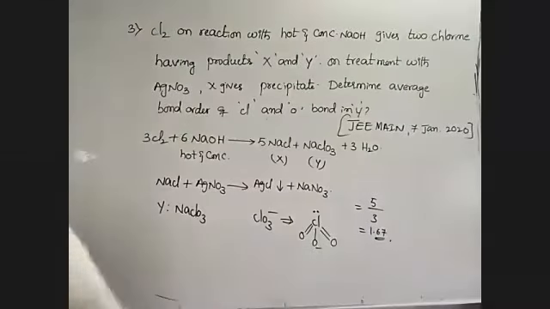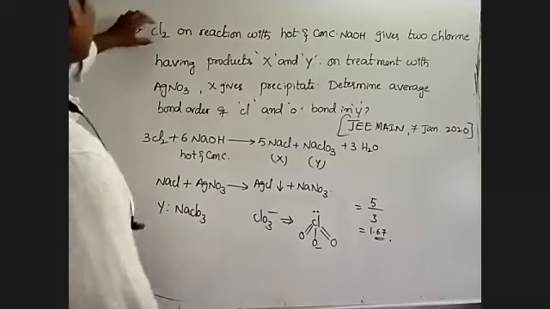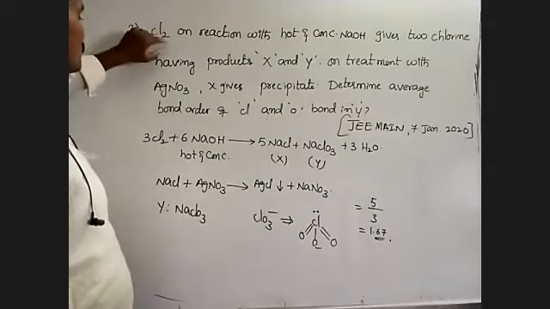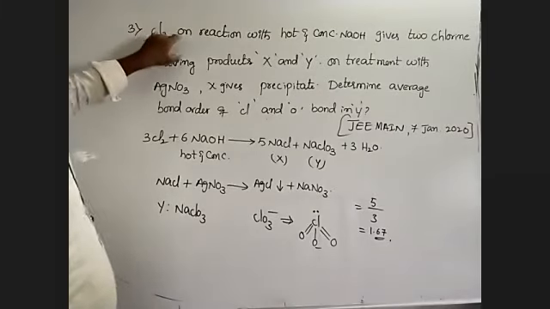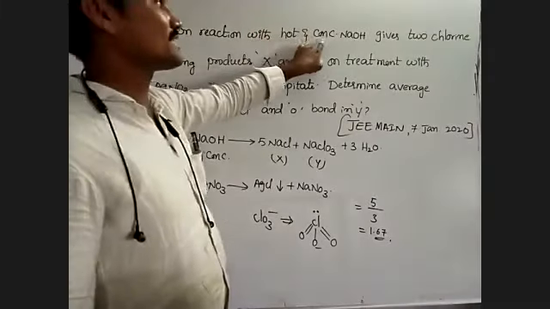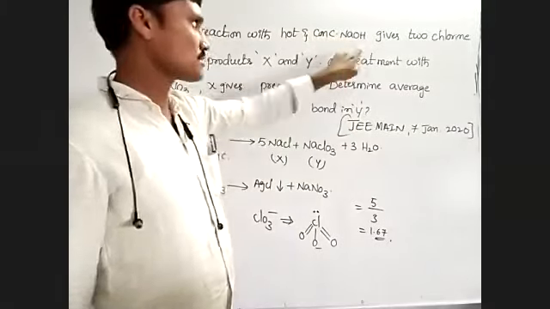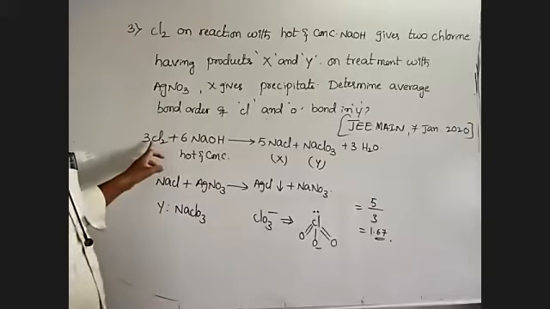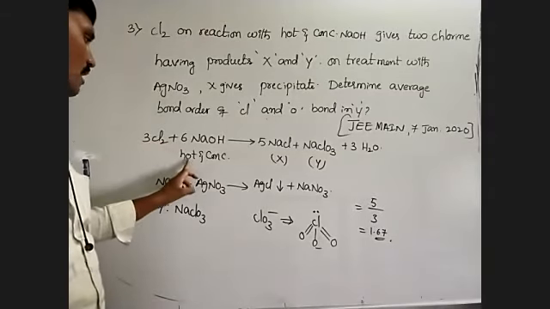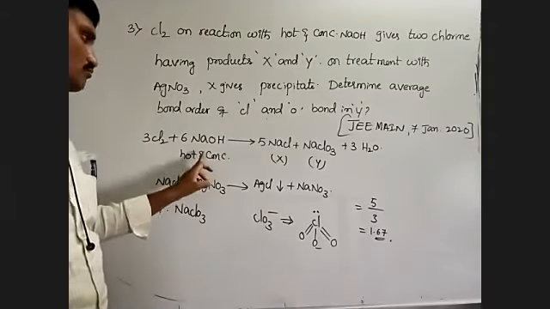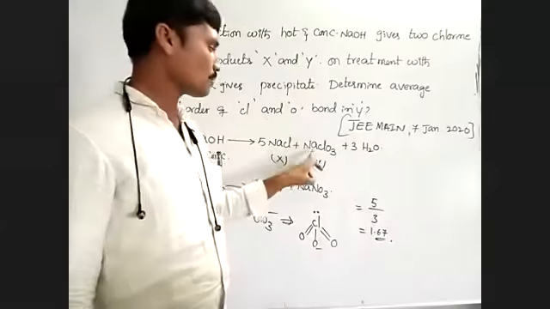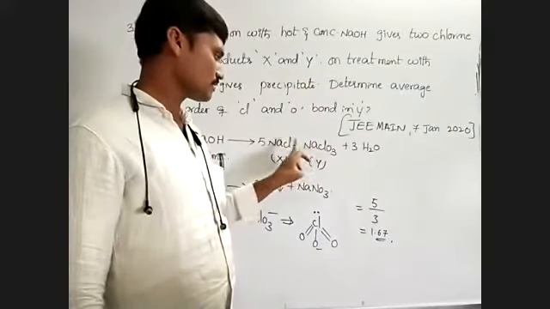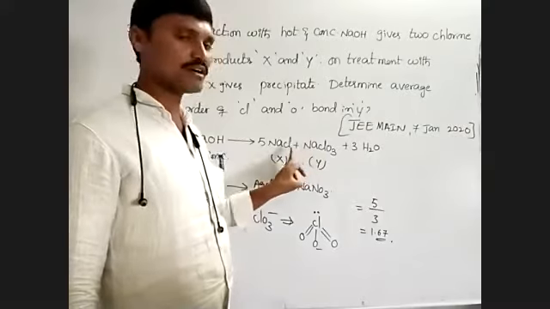So once again, what is the question given? Chlorine on reaction with hot and concentrated NaOH gives two chlorine-having products X and Y. When chlorine reacts with hot and concentrated NaOH, two compounds containing chlorine are formed here.